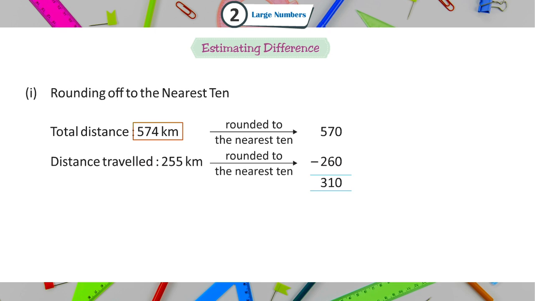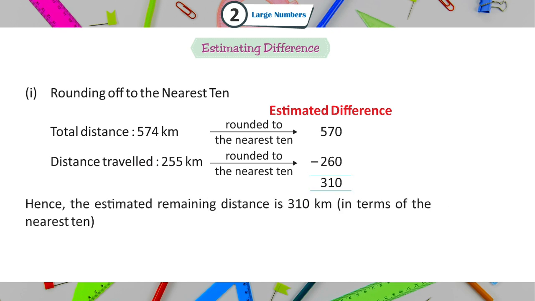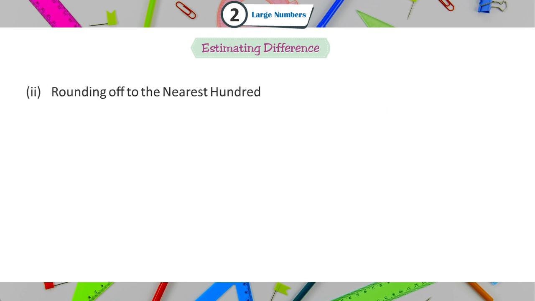Total distance 574 kilometers. Estimated difference rounding to the nearest 10, 570. Distance traveled 255 kilometers. Rounding to the nearest 10, 260. 570 minus 260 is equal to 310. Hence, the estimated remaining distance is 310 kilometers in terms of the nearest 10.